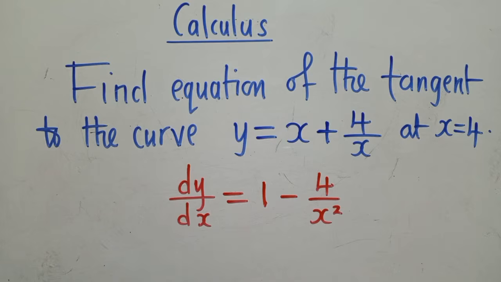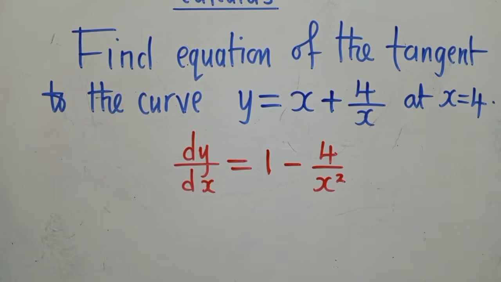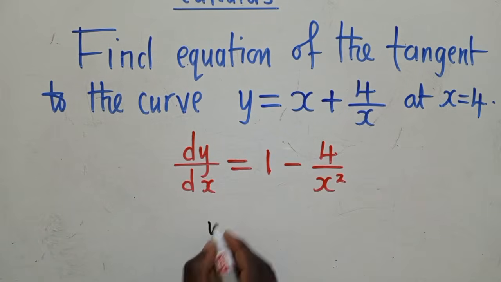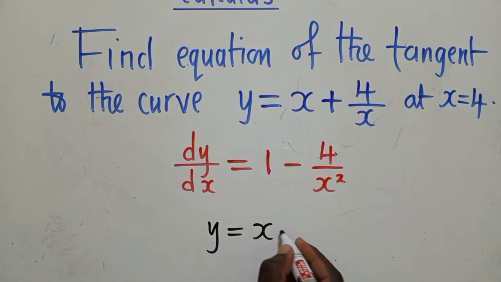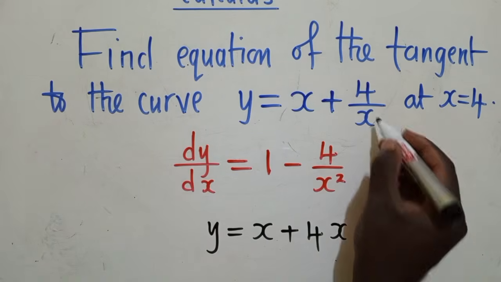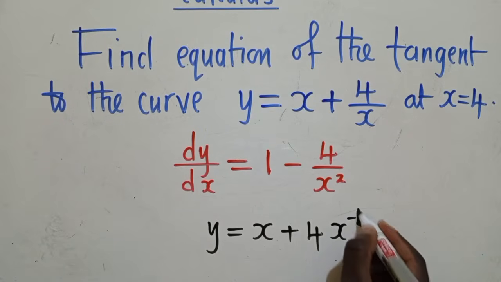Let me just go through a little bit for the people who are struggling to understand, those who don't know what I've done. What I've done here is I've taken this given curve, which is y is equal to x plus 4 over x, and changed this to this, power -1.